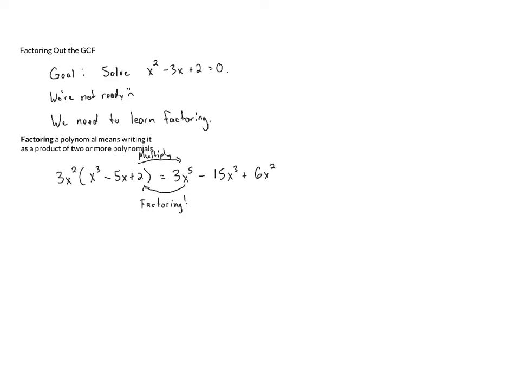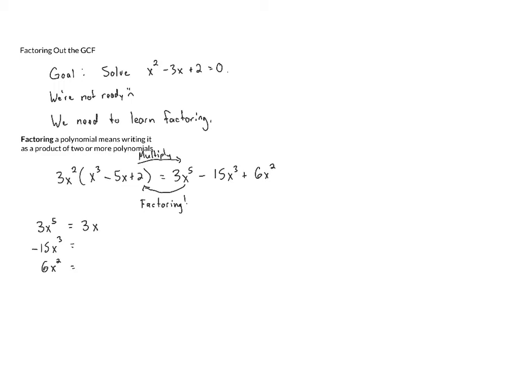What we're going to do, this is going to seem weird at first, but after we do the first example and we get to more examples, it's going to seem absolutely normal. I want to take the three terms in our polynomial, 3x to the fifth, negative 15x cubed, and 6x squared, and I want to factor each of these individually. Okay? Now we know that 3 is a prime number, doesn't factor, so we're going to leave the 3 there.